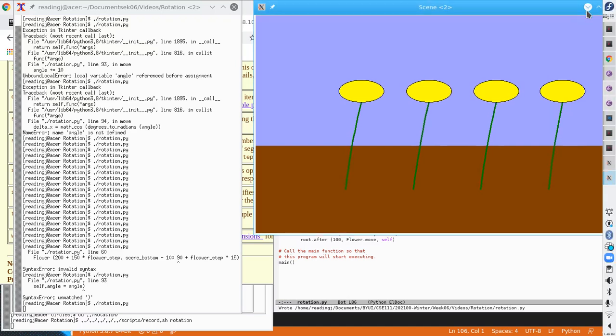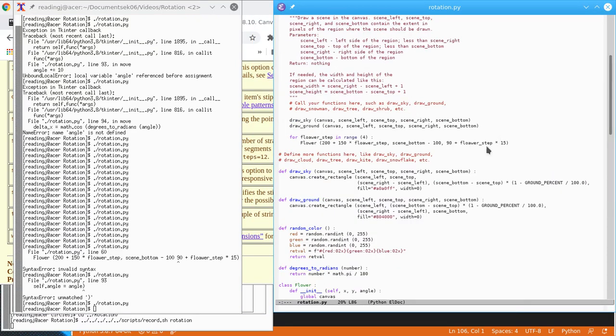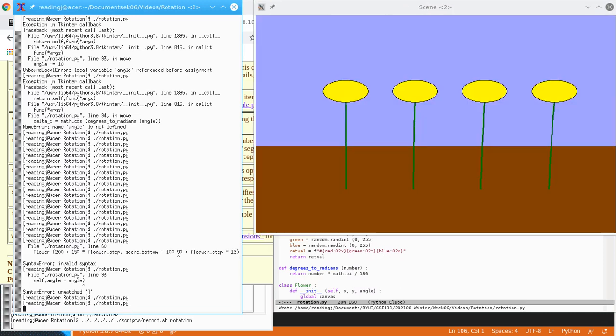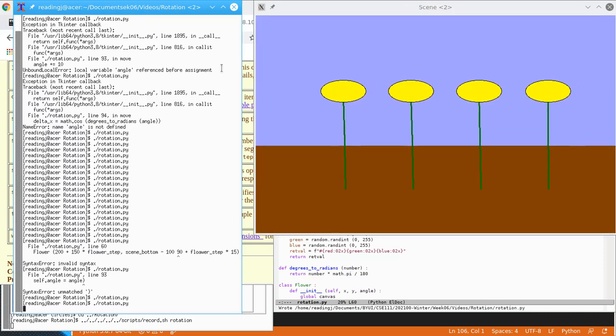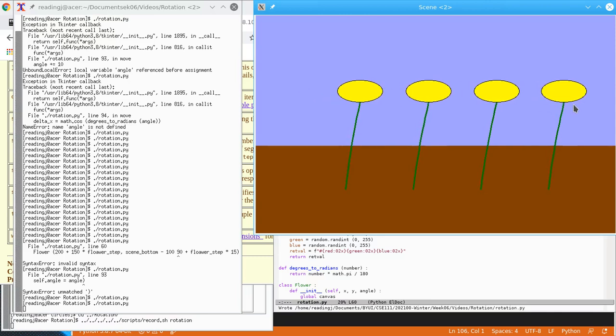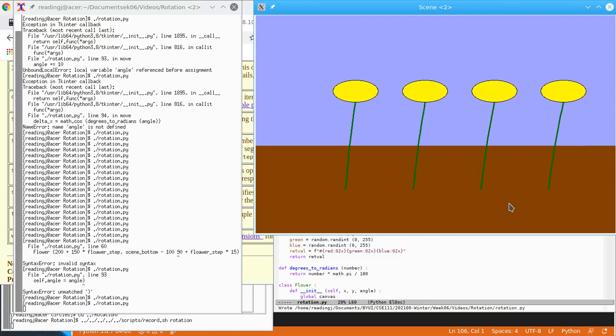I think it'd be more satisfying if this was minus. So now you can see the first one is leaning more and the others lean later. Okay. Oh, wow. And so this is the thing about graphics, is you can keep fiddling with it forever, right?